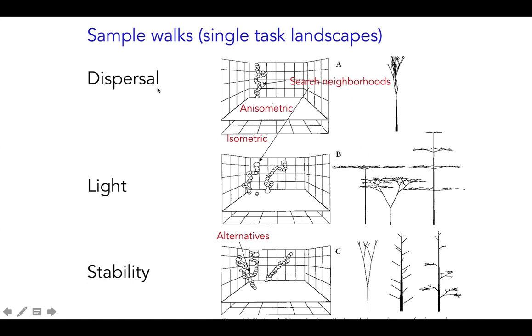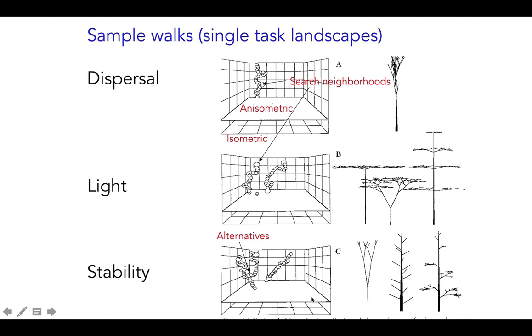Alternatively, if natural selection maximizes dispersal ability, you want to put all of that allocation into a really tall and minimal branching architecture. And if dispersal is by ballistic dispersal, that is seeds being thrown from the top of the plant, or spores being dispersed by wind from the top of the plant, the taller you are, the greater your dispersal availability, and because of that, it will select for a certain phenotype.